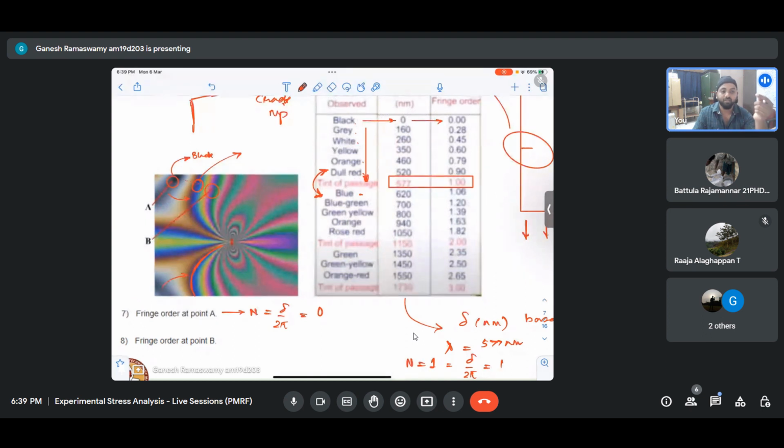That is what I meant by total fringe order photoelasticity. There have been many publications by our professor in this area, and it is a well-established, robust methodology to arrive at total fringe orders for the whole field information.